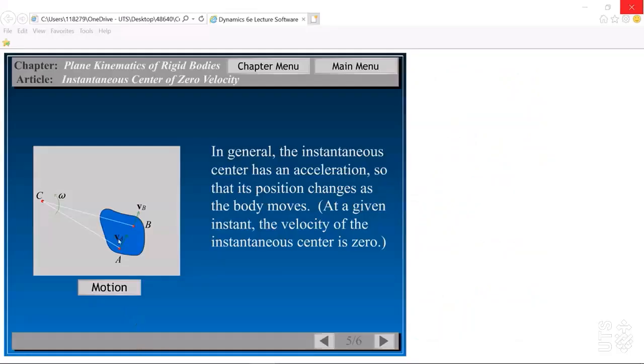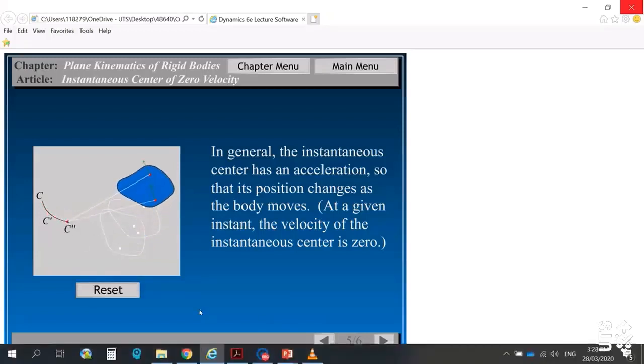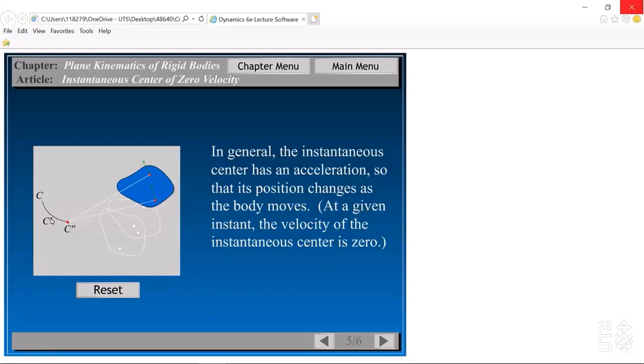Okay, look at this animation. This rigid body is undergoing general plane motion in a time period. If we trace the location of the IC point, you can see from C to C prime to C double prime, and this is the curve, and this is the path of the IC point.